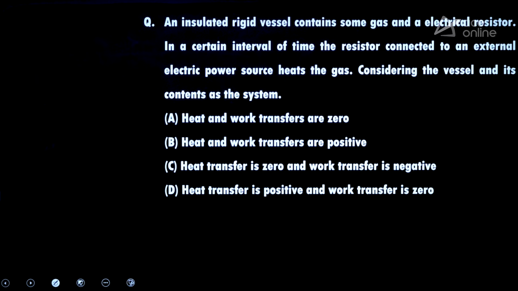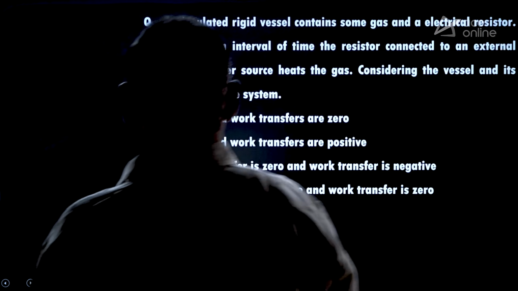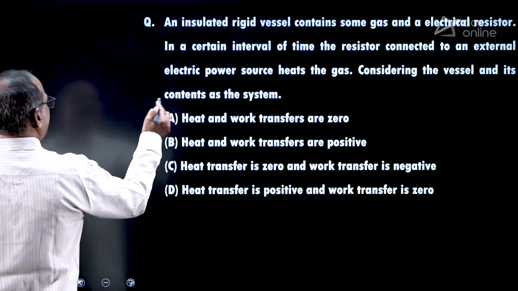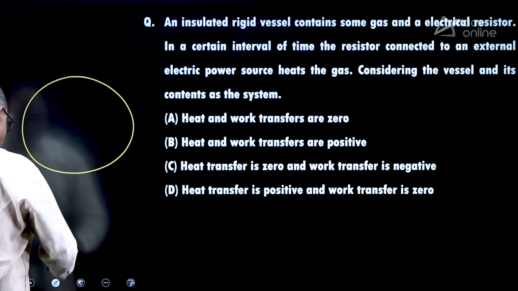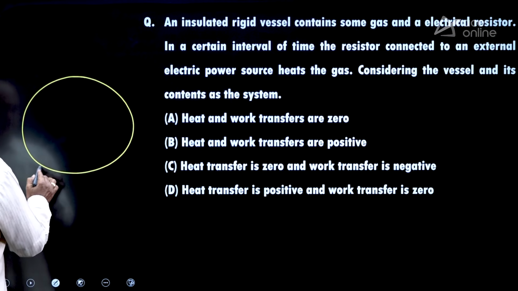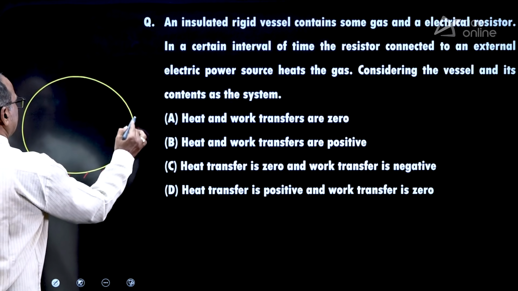Option C is absolutely correct. For this question, option C is correct, because it is given. Look at the board, all of you. It is given an insulated rigid vessel. This is your vessel. This is insulated. It is perfectly insulated.